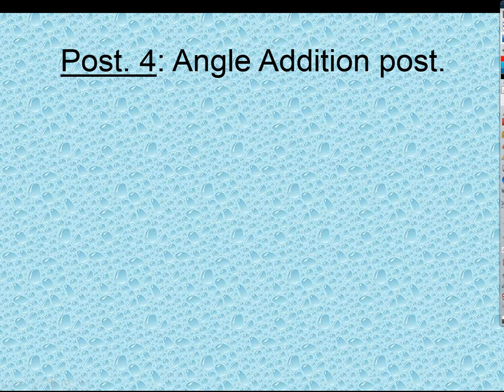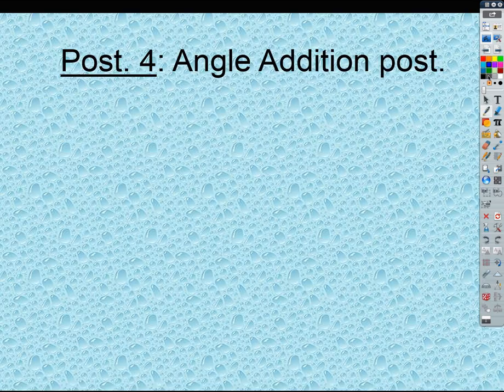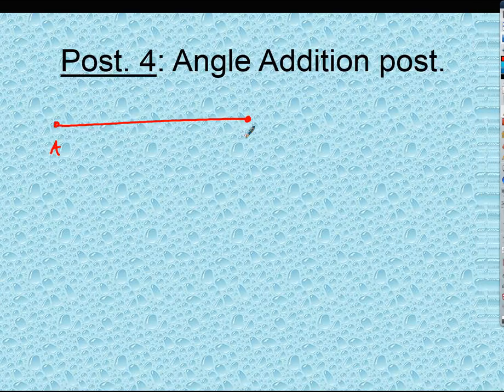Okay, angle addition postulate. This is an easy one too if you just think about it in terms of what we did earlier. Remember, if we had point A and point C, and somewhere in between A and C was point B, what can we say about the lengths of those segments? How can we relate the length of segment AB, the length of segment BC, and the length of segment AC?